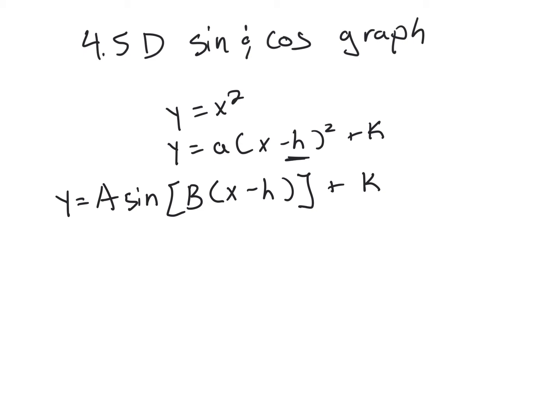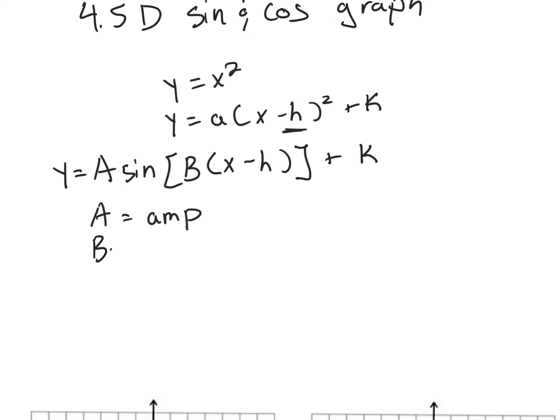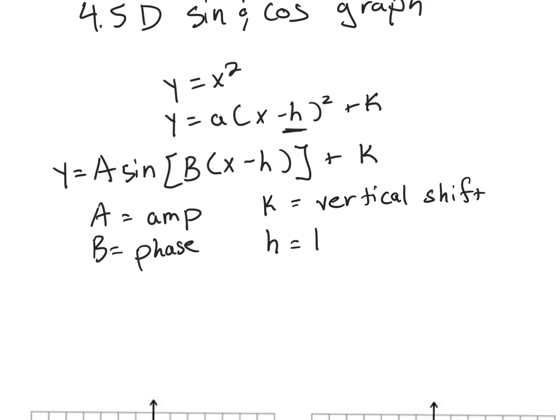So here, a is our amplitude and b is our phase, k is our vertical shift, and now finally our h is going to be our horizontal shift.